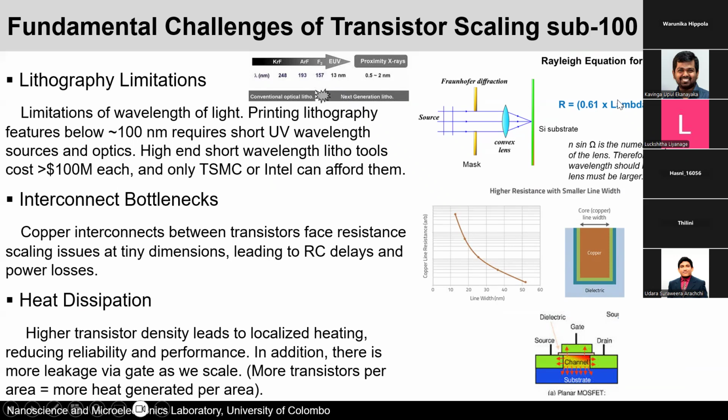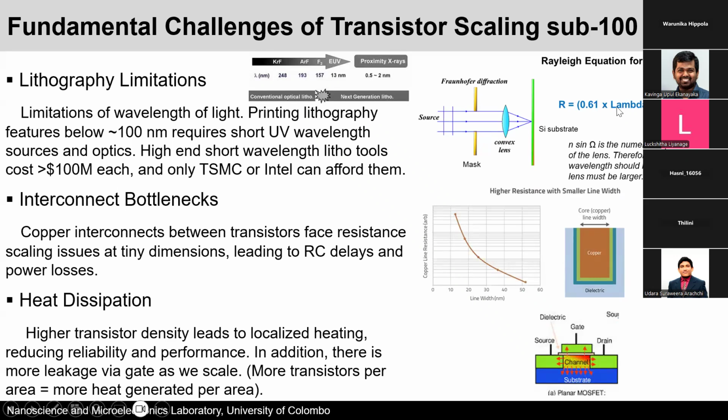That resolution on the silicon substrate is based on this equation: 0.61 times lambda, which is the wavelength of light, over n sine omega. And n sine omega is the numerical aperture of the lens, right? So if we make this n sine omega larger and larger, then we can make this resolution smaller and smaller, right?